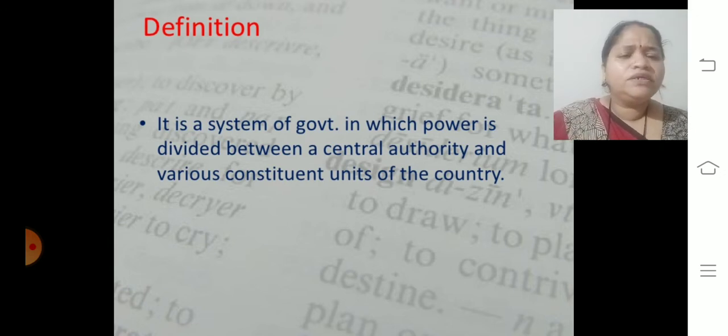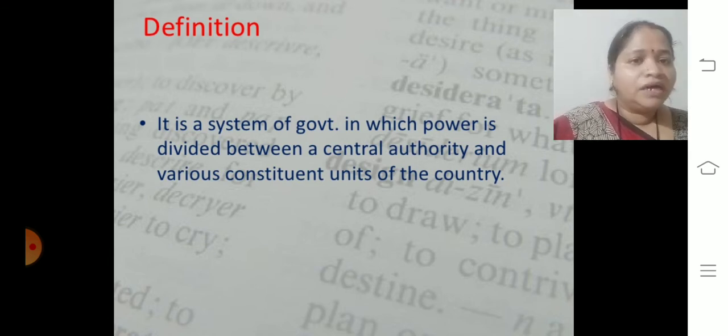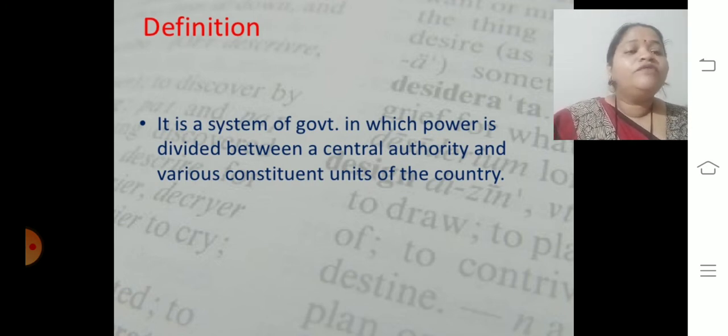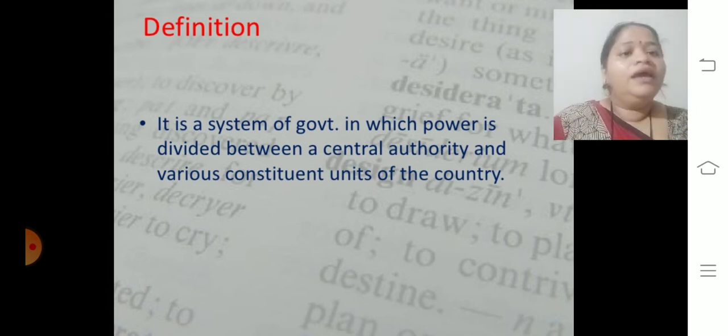Power sharing is important because nobody should have monopoly power. And federalism is one more example under power sharing, which we are talking about today. So federalism is also a part of that, which tells you which type of government system this is, in which powers are divided.